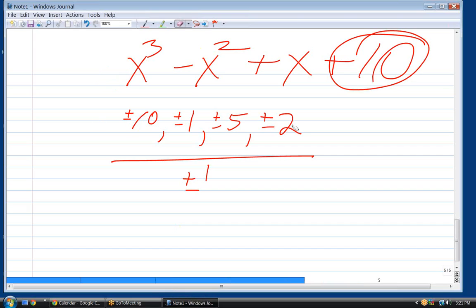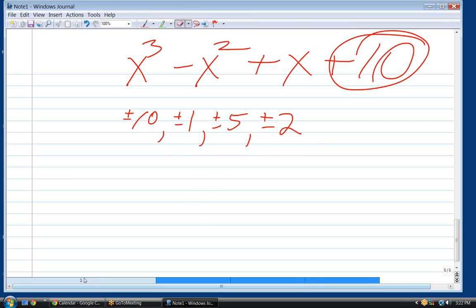Notice why it's plus or minus on every term, because minus 10 times minus 10 is also 10. Minus 10 times minus 1 is also plus 10. So this would tell me that my possible factors are these four numerators, and only those.